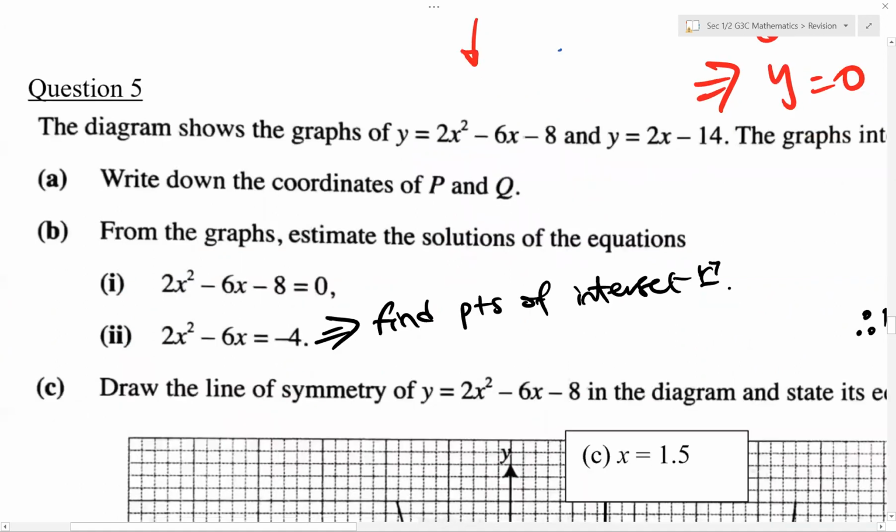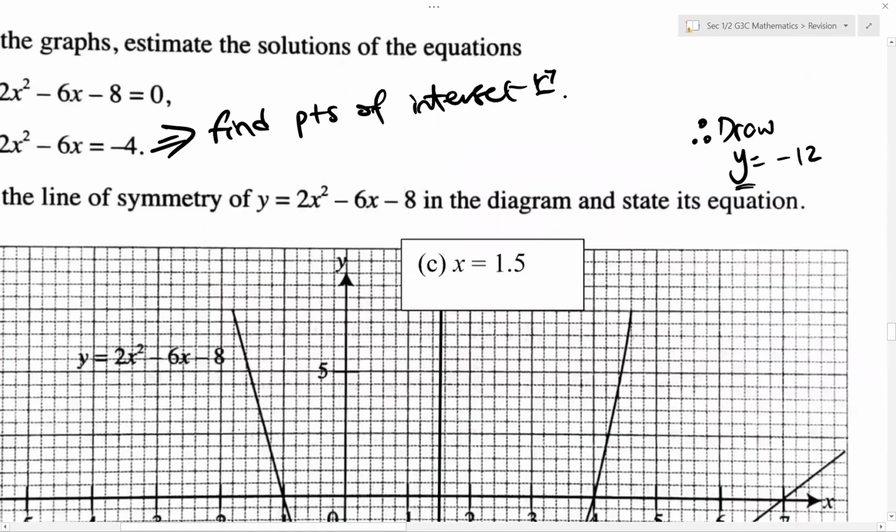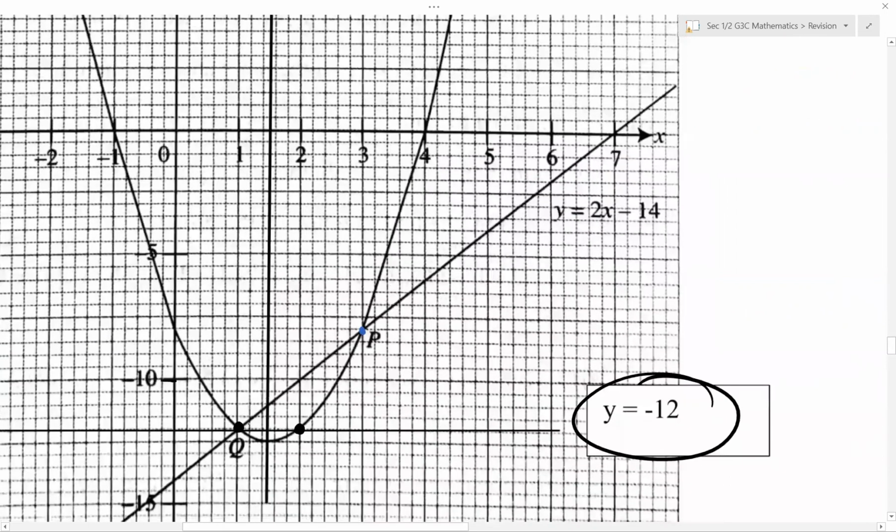And then look at these 2 points. Point Q, it has x coordinate of 1, y coordinate of -12. 1, -12. The other point of intersection is 2, -12.